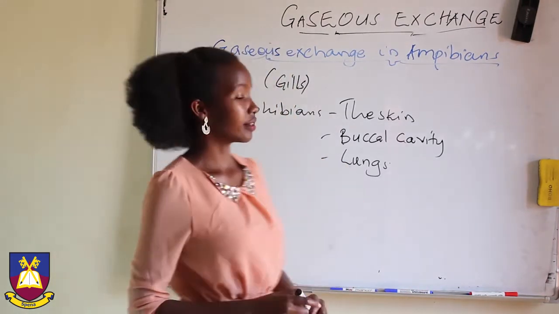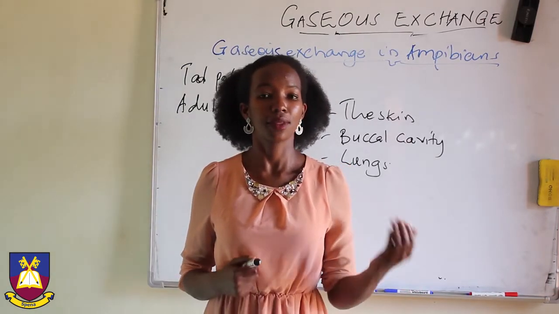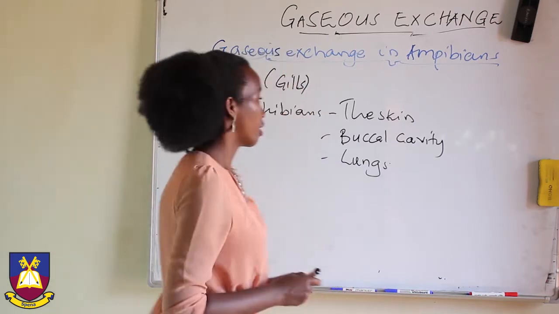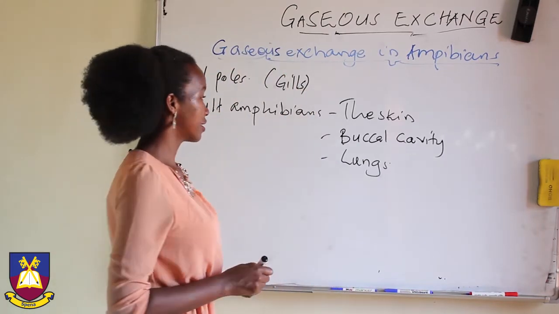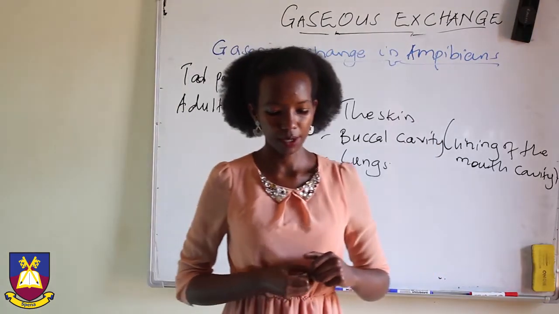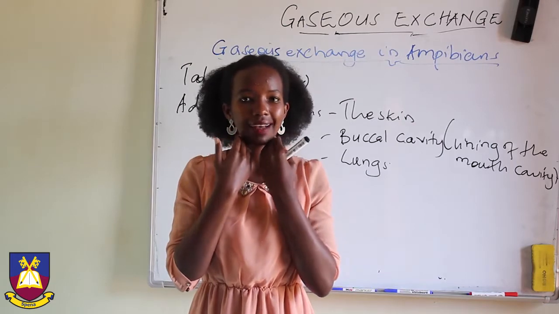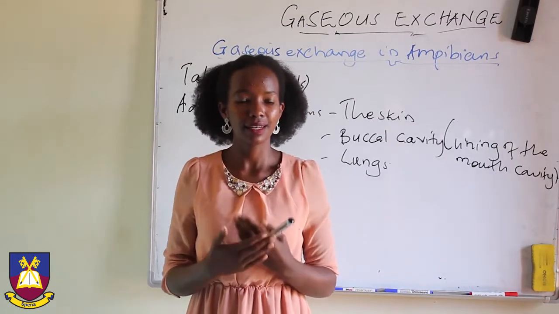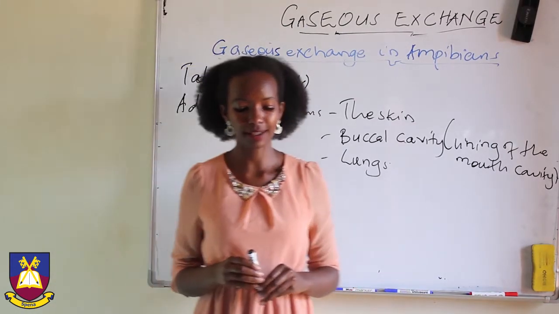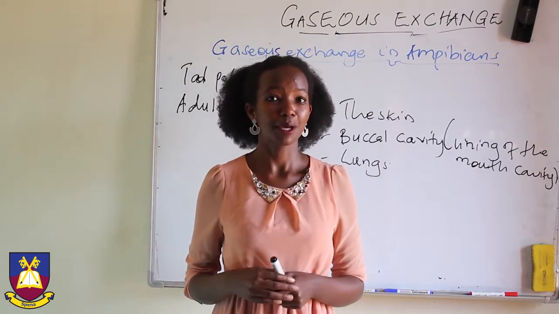Now, the buccal cavity. The buccal cavity means the mouth cavity, and the gaseous exchange takes place in the lining. And how does this take place? The mouth cavity has a very thin lining, or what is referred to as the epithelium, and it is at all times kept moist.